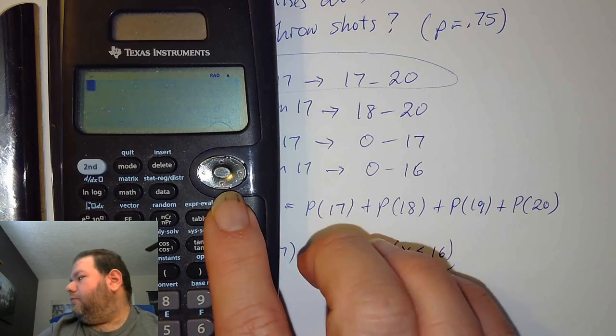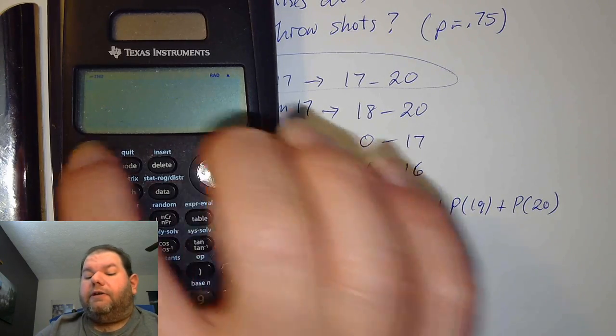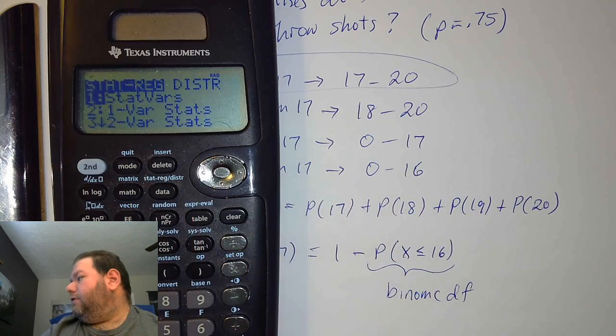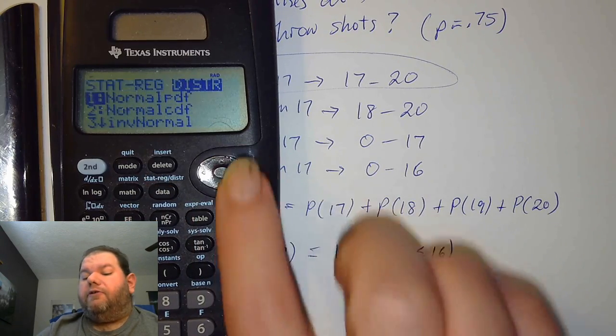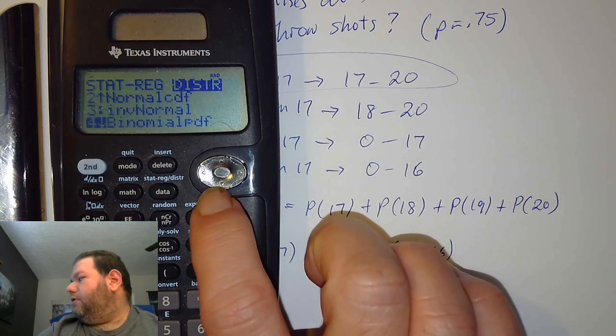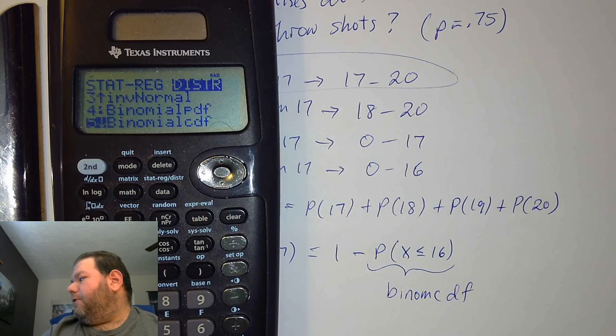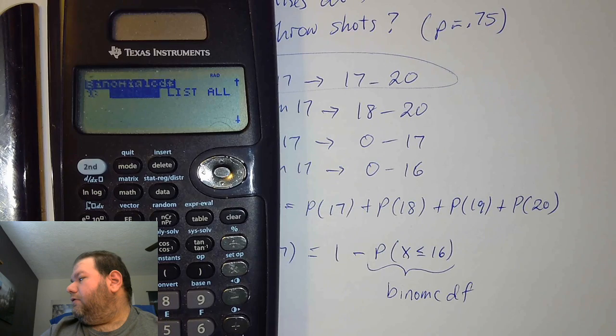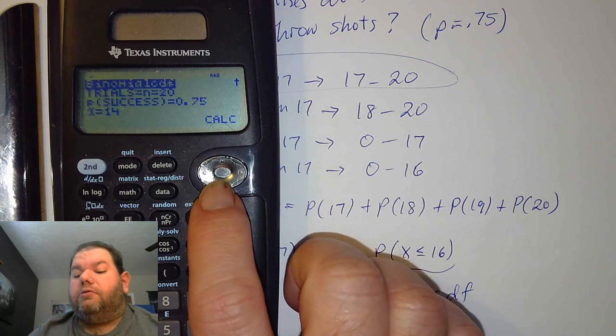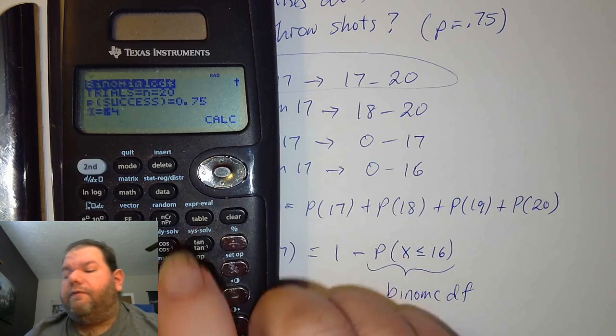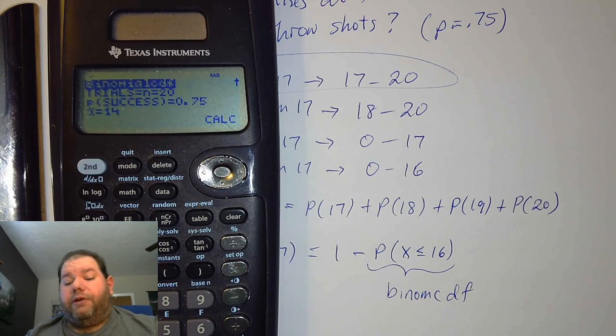Okay. So we do second data, arrow right to distribution. Should be option 5 here, binomial CDF. Enter. Now, that's 20, that's 0.75. Now, the question is, what do we enter for x?